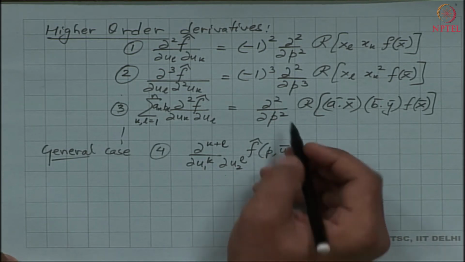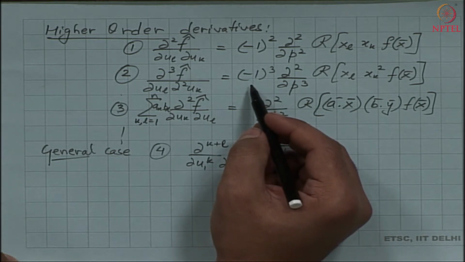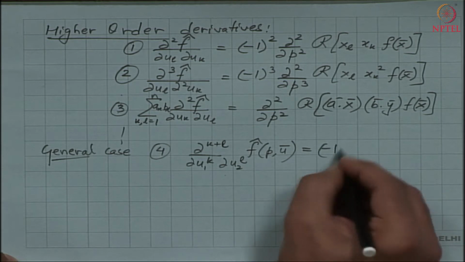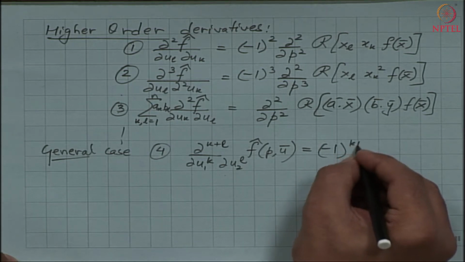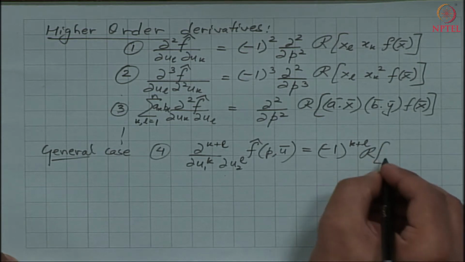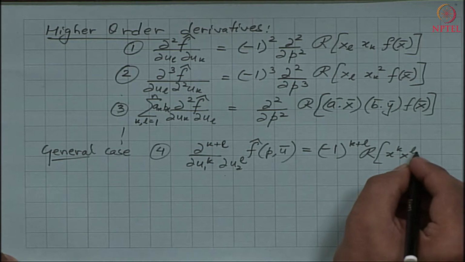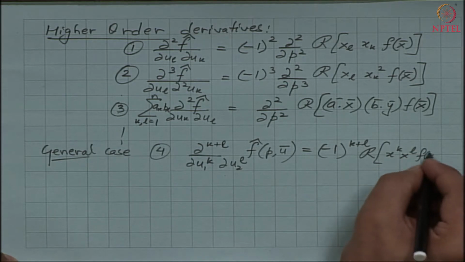Each derivative is going to bring out a minus 1 sign. So, I get that this is (minus 1) to the power k plus l of the Radon transform of x_1 to the power k, x_2 to the power l, times f(x).